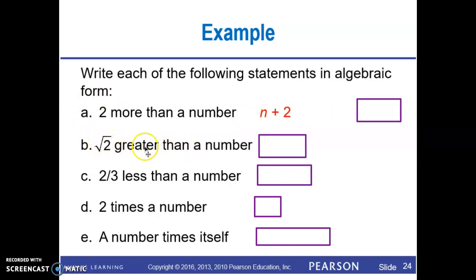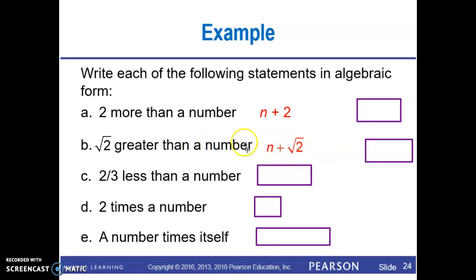2 greater than a number essentially means the same thing as more than a number. So oftentimes when our students see this, they want to put an inequality symbol in there because greater than and less than are the little alligator mouths in their minds. But we need to focus on the fact that if something is 2 greater than something else, it's just like what we had before, and you're just going to increase that value by 2.